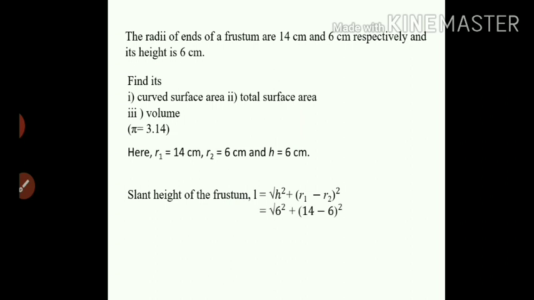So I will substitute the values. h is 6, so 6 square plus R1 is 14 minus R2 is 6, the whole square. Now 6 square is 36 plus 14 minus 6 will be 8, so 8 square, which is 64. 36 plus 64 comes to root 100. So by taking the square root we get the slant height of the frustum, that is L is 10 centimeters.